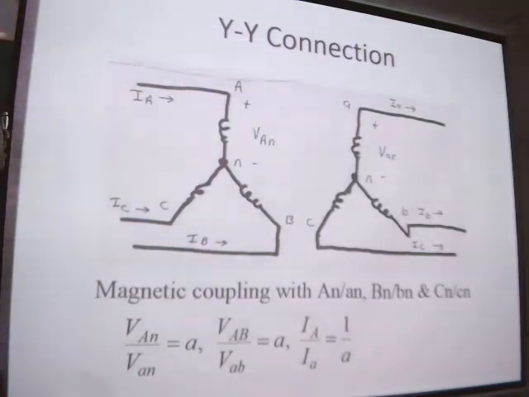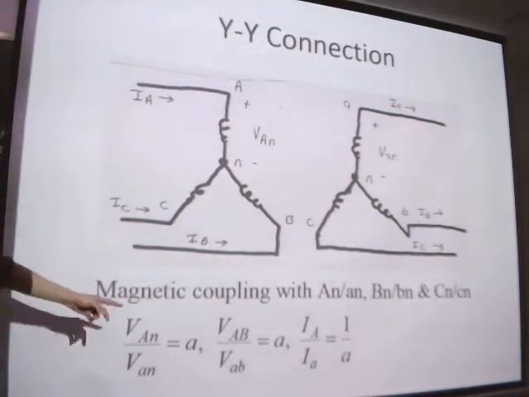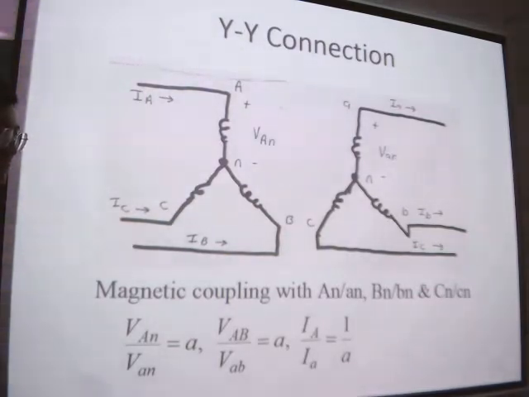Okay, so we have one example. There is a Y to Y connection, right? Y on both the primary side and the secondary side. This part we will not ask you to prove these conclusions, but at least you need to have the base knowledge on this part, okay?